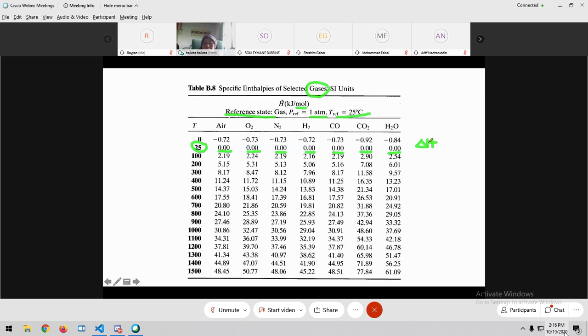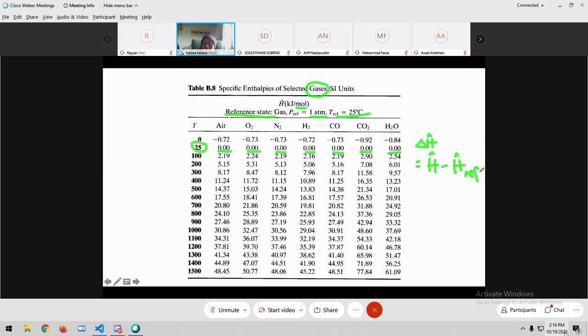it's quite difficult using this computer. So this is the enthalpy, minus the reference enthalpy. Okay, that's your reference enthalpy.